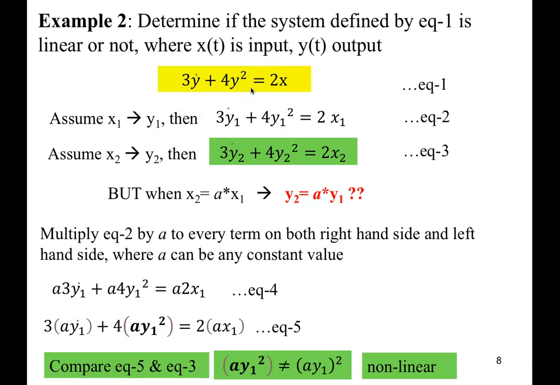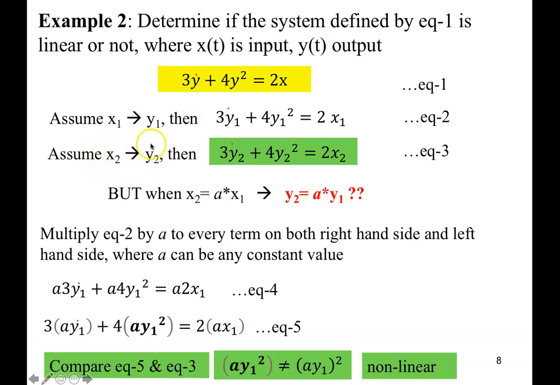My checking process is the same as before. I'm going to apply x1 to the system. I get y1. I'm just changing x to x1, y to y1, y dot to y1 dot. That gives me equation number 2. I'm going to assume a different input, x2.